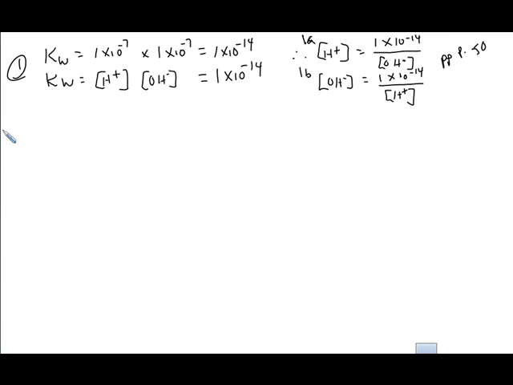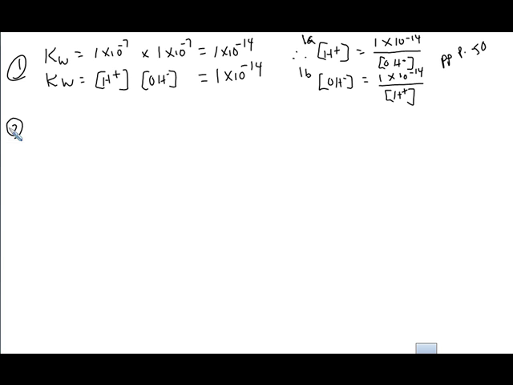If we look at the pH scale, the pH scale gives us a way to quantify the number of hydrogen ions in any aqueous solution. Where does the pH scale come from? It comes directly from the Kw.